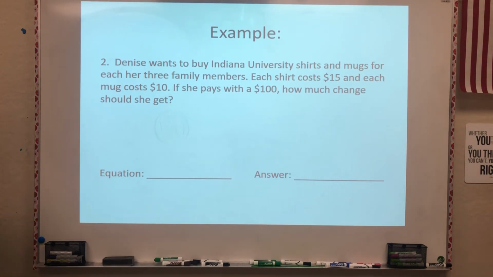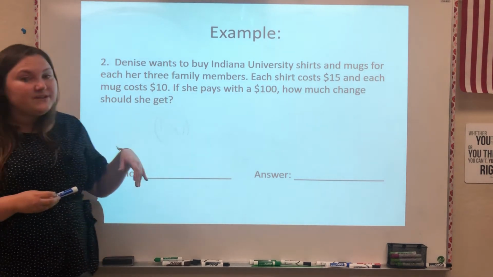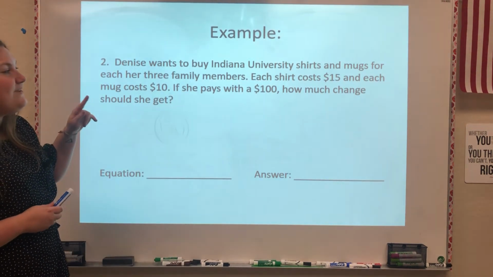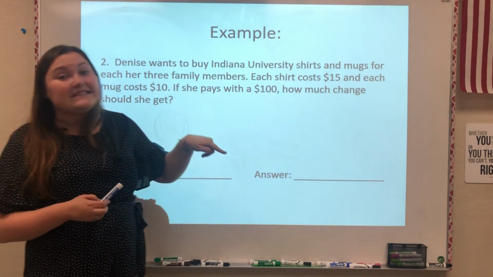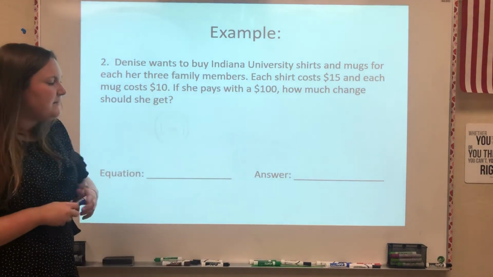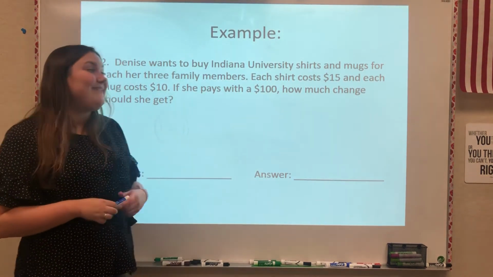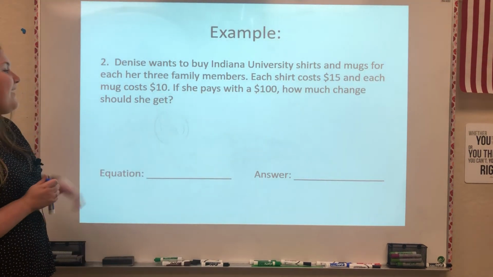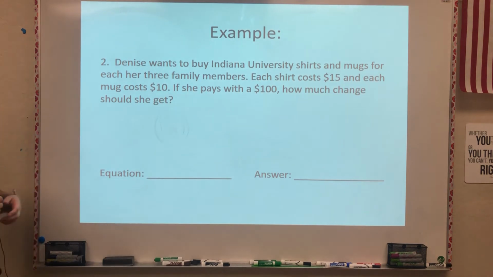If she pays with a $100 bill, how much change should she get? So a similar situation, but I've added in some extra information. Notice this time she's buying shirts and mugs, and the amount of money she has changed. Again, I'm going to have you go ahead and find the answer to the question. Don't worry about the equation yet. Just go ahead and figure out how much change she should get.